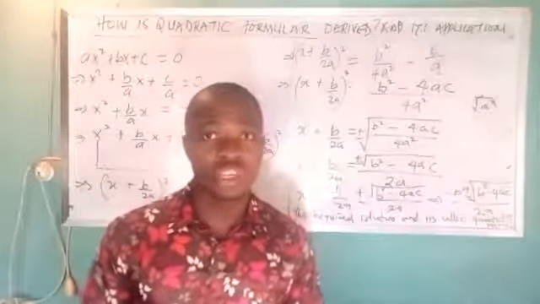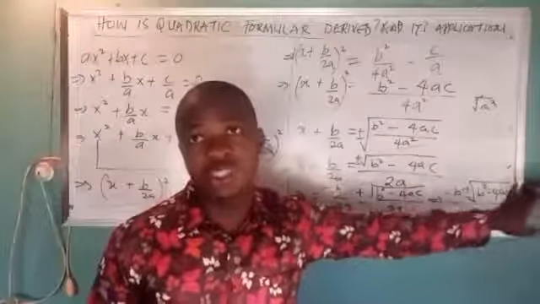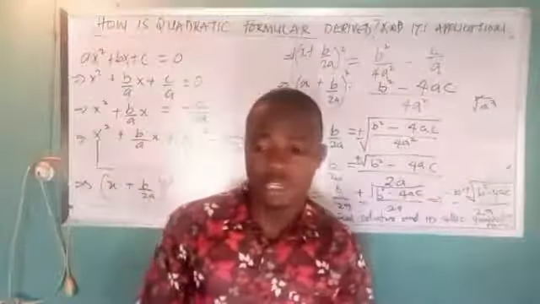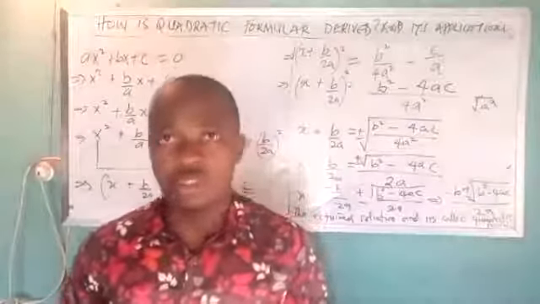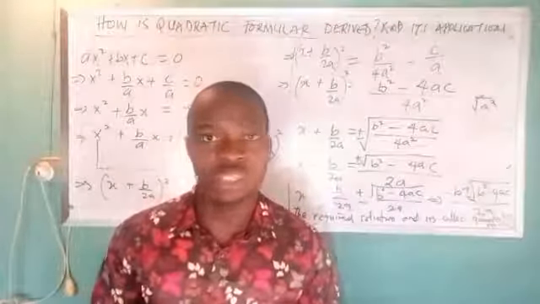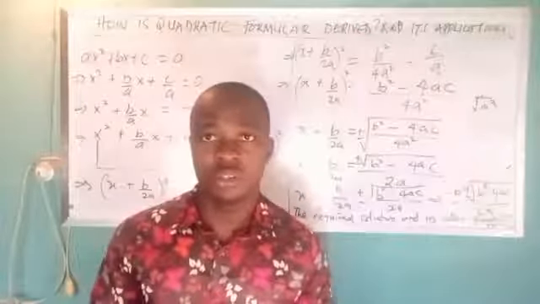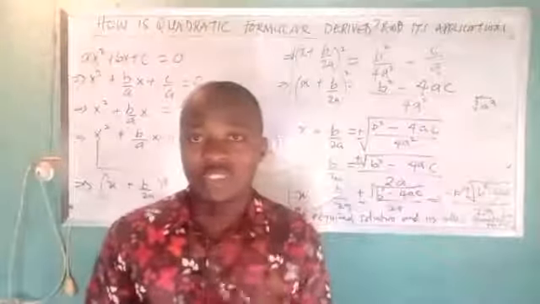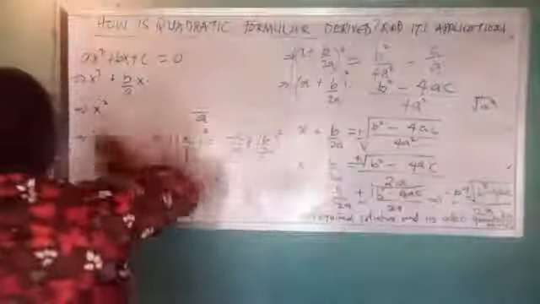Then you look for your a, b, and c, substitute the values of a, b, c into this formula, and you get the value of x directly. So now, in order not to waste much of our time, I'll give one example to see how quadratic formula is applied to solve problems on any equation you are given. So let's look at this.